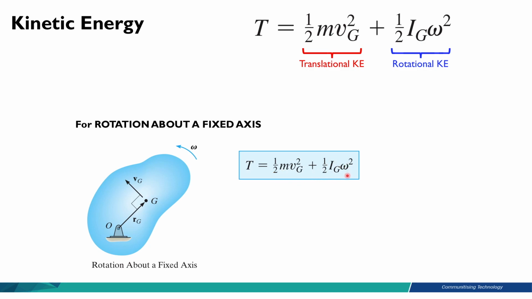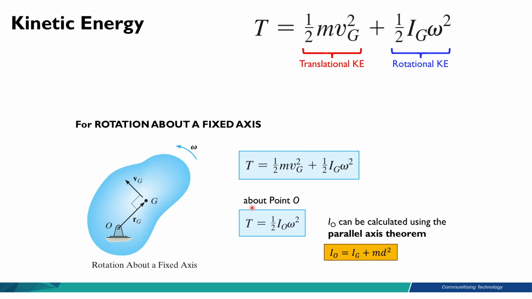If we calculate the kinetic energy about point O, about the center of rotation, then the kinetic energy becomes half IO omega square. No more translational term if we calculate the kinetic energy about the center of rotation O.